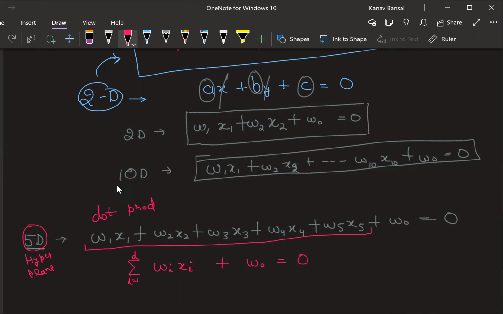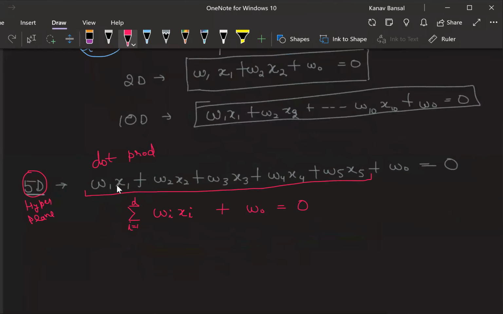Making sense to everyone? If we can write it like this, can we also write it like this? W transpose x plus w naught equal to 0. The same thing, right? It is again the dot product equation. So this is how the equation of a line or a plane or a hyperplane is represented.